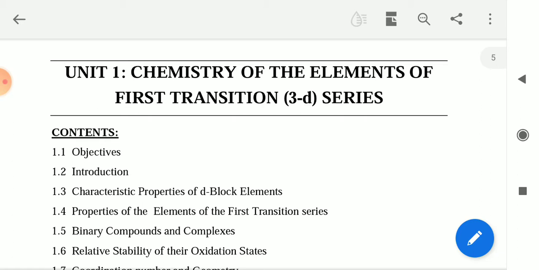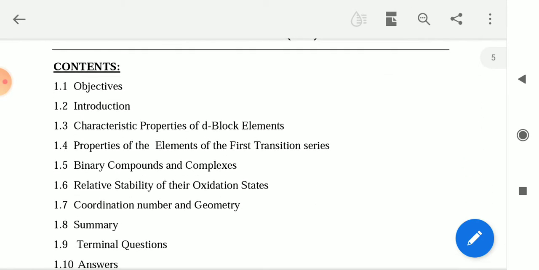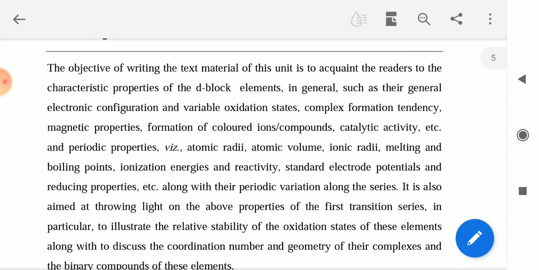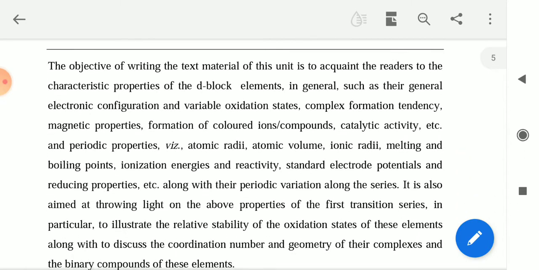In this chapter, we are going to learn about the characteristics and properties of d block elements, and the properties of the elements of the first transition series. The objective of this topic is to learn the characteristic properties of d block elements in general, such as their general electronic configuration, variable oxidation state, complex formation tendency, magnetic properties, formation of colors, and catalytic activities.